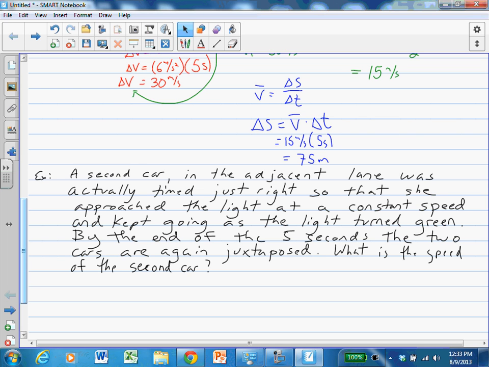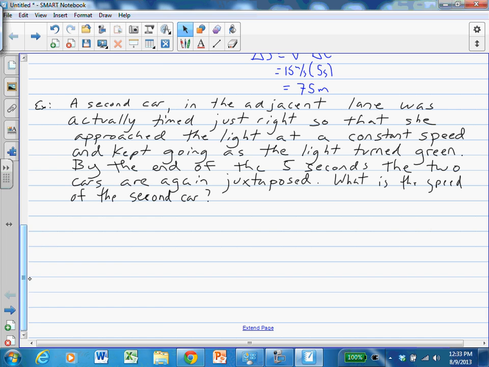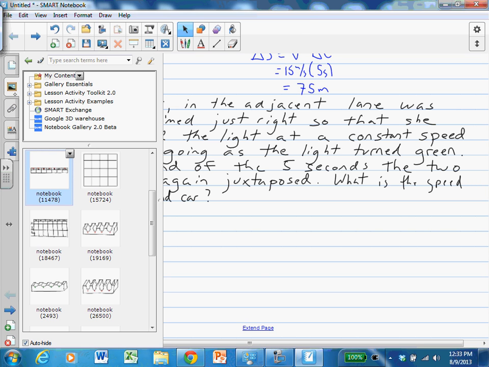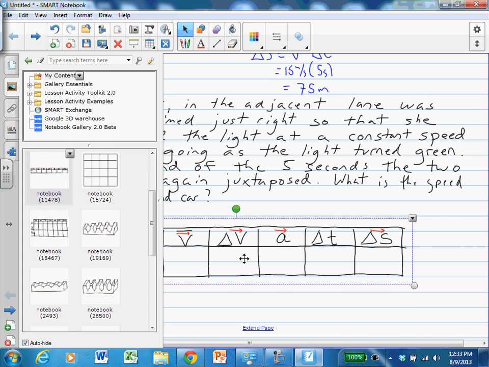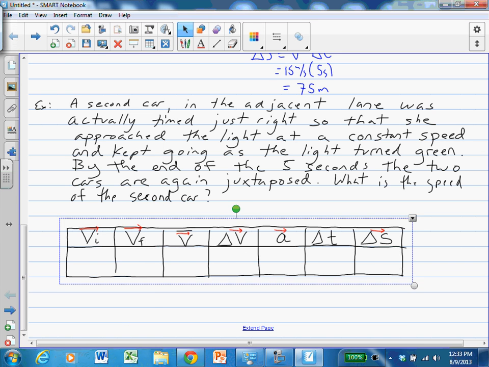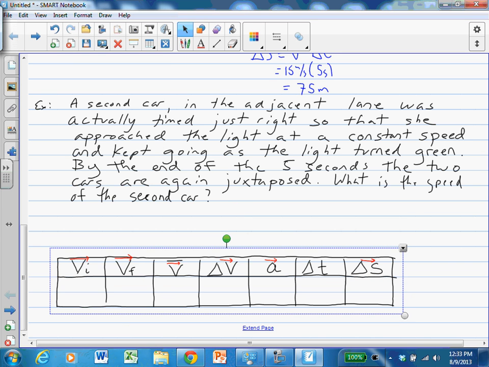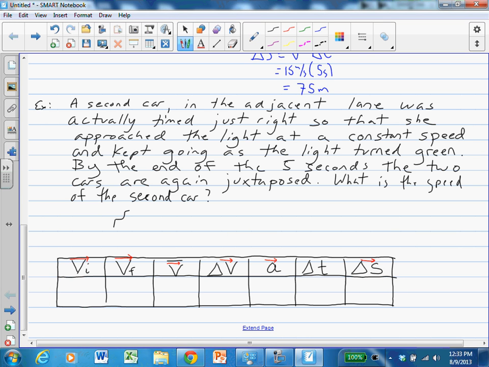Okay, well, let's get out another chart. So in this case, this car, the woman's driving, has an initial VI. We don't know what it is, but it's moving. It's not accelerating, so acceleration is going to be equal to 0.